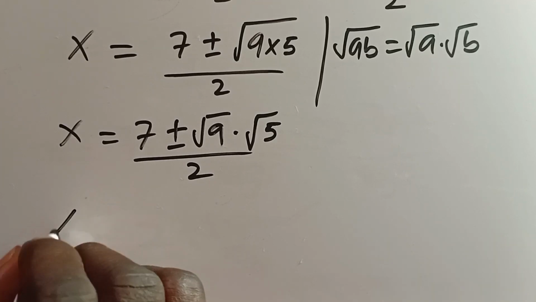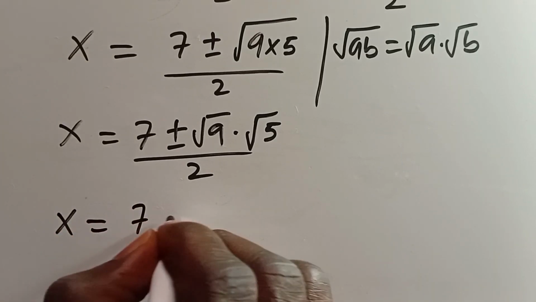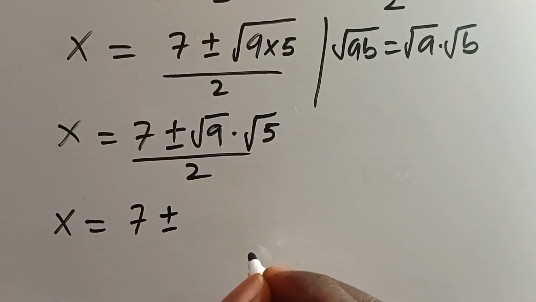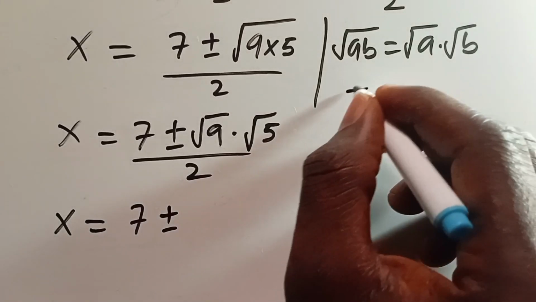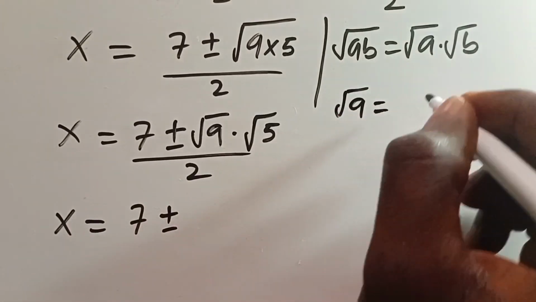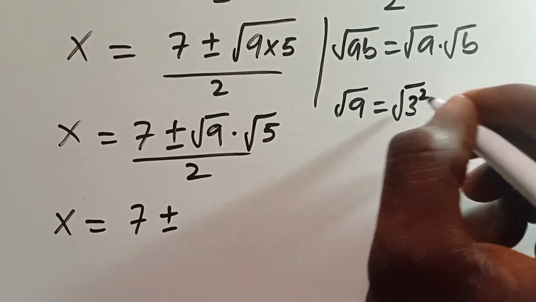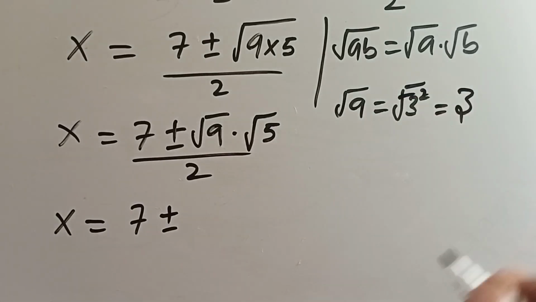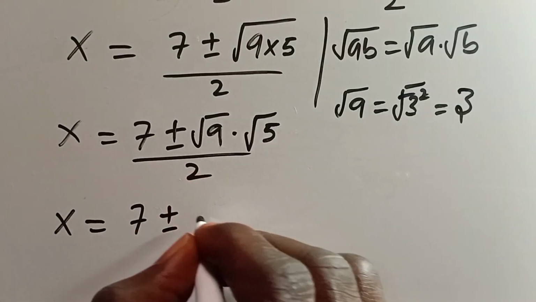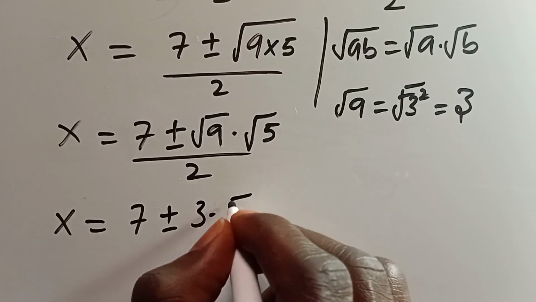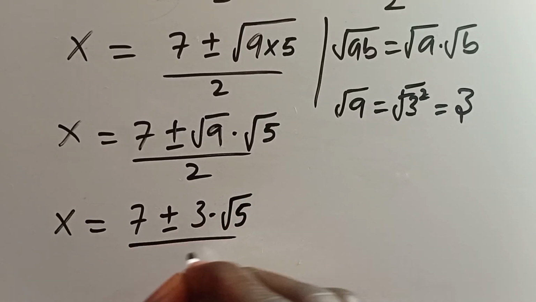We know that root 9 is a perfect square. We can have it to be root of 3 to the power of 2, and we cancel this, so we have 3. So here will be 3 multiplied by root 5 divided by 2.